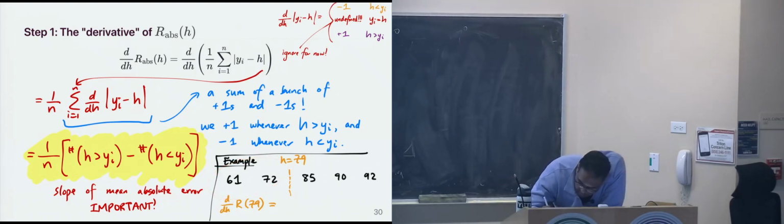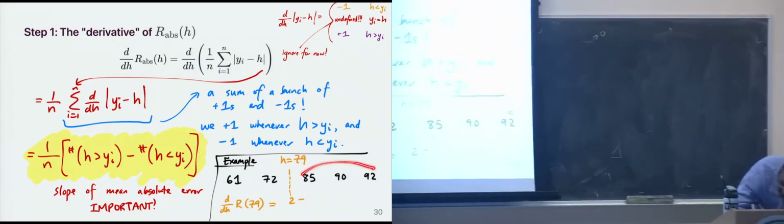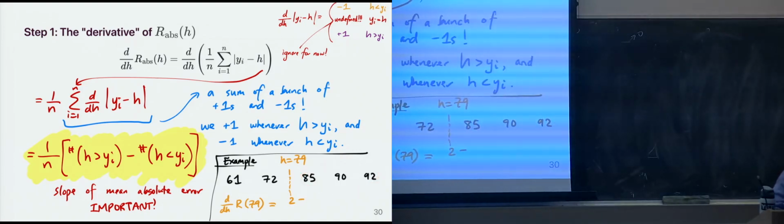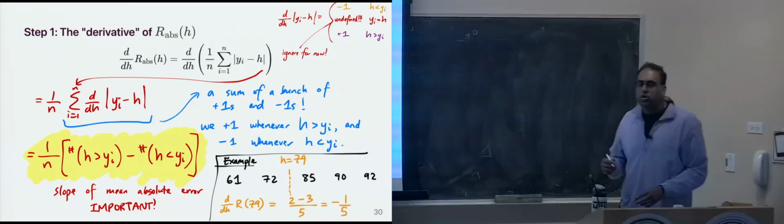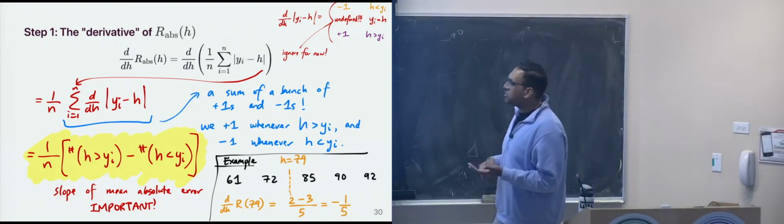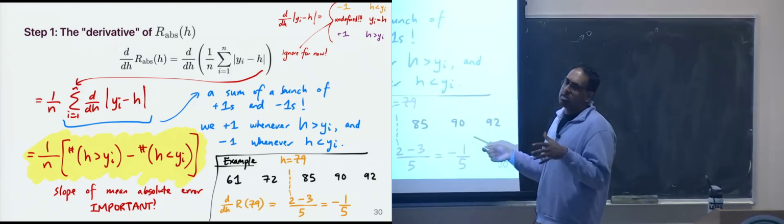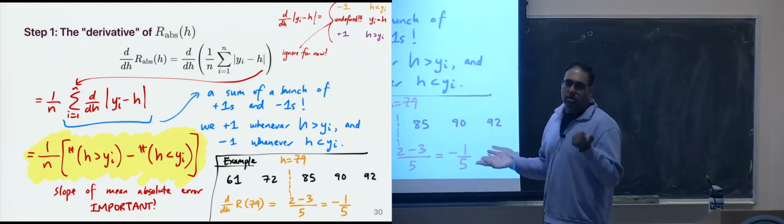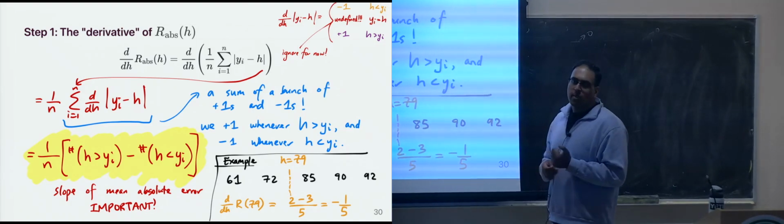That is the number of points that 79 is greater than, which is 2, minus the number of points that 79 is less than, that is the number of points to the right, over 5, which is -1 over 5. Do we agree? So an easy way of thinking of this is number of points to the left minus number of points to the right over number of points. Okay?